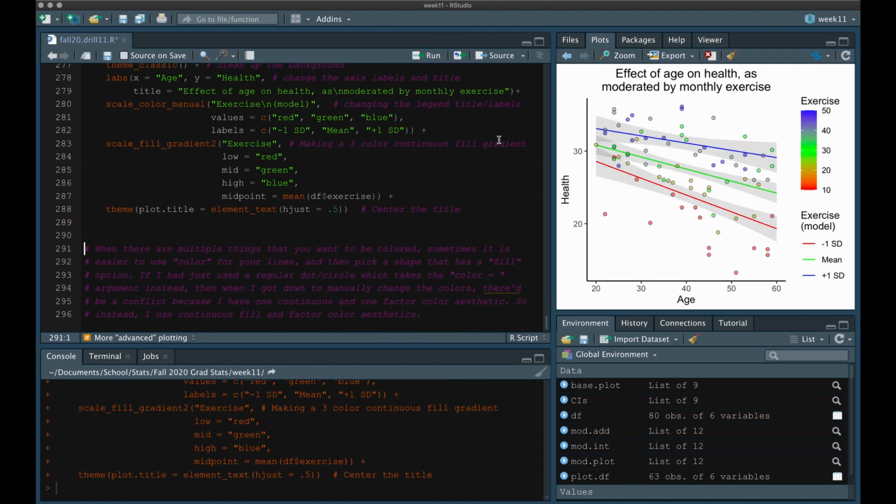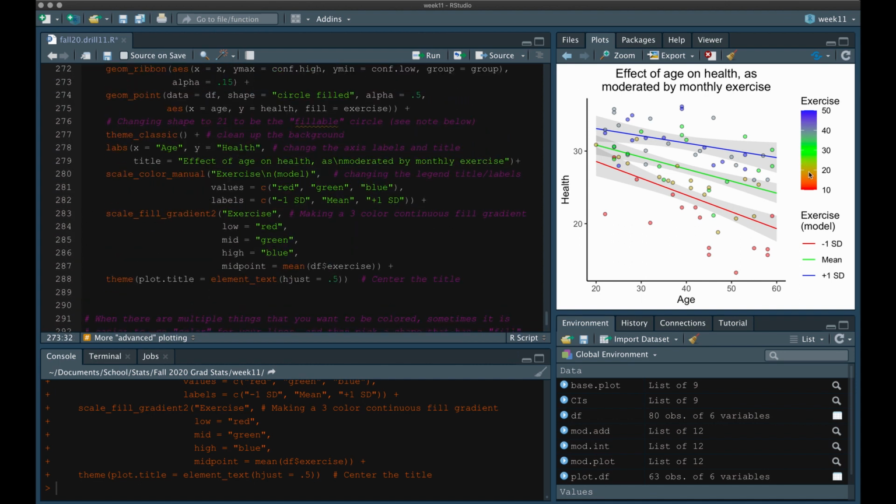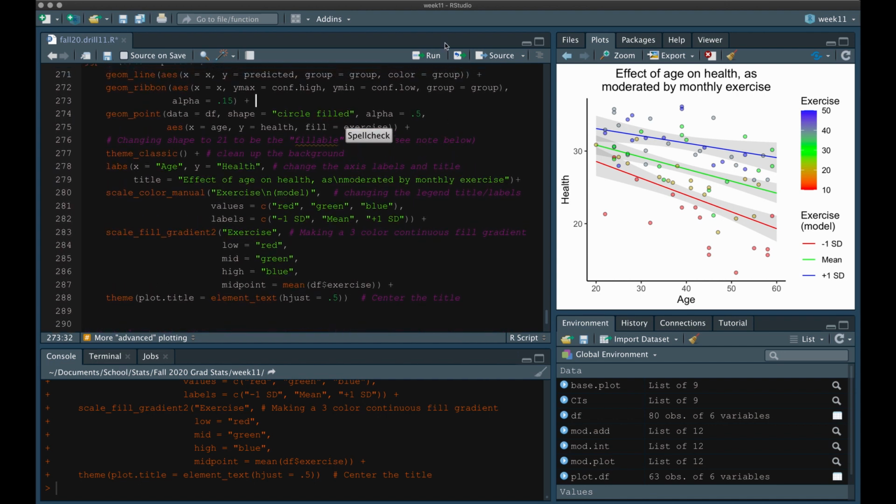So when there are multiple things that want to be colored, this is my note where I'm talking about why I changed this to fill instead of color. I will also note that there are times that say you want to do both color and shape by some variable, or in this case, say I wanted to do line type.